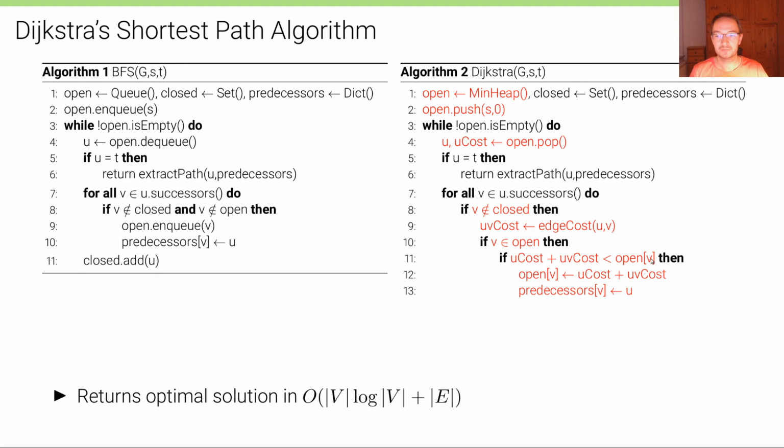Because it's already in the min heap, there must be some cost stored in there.